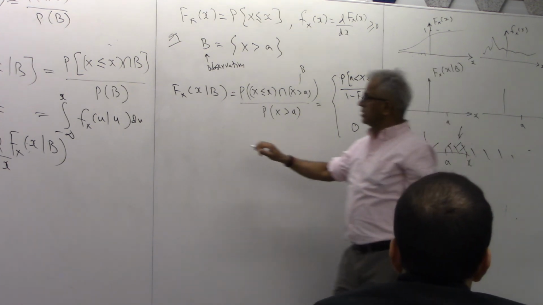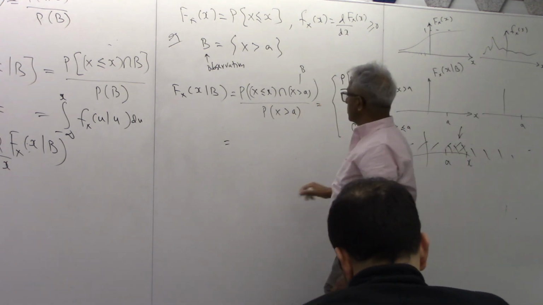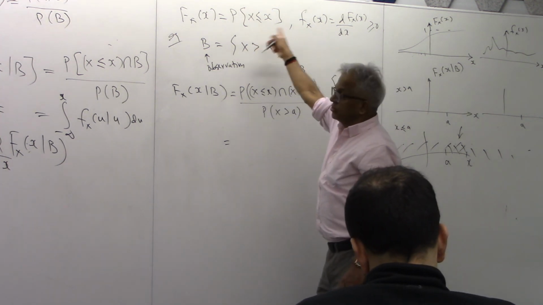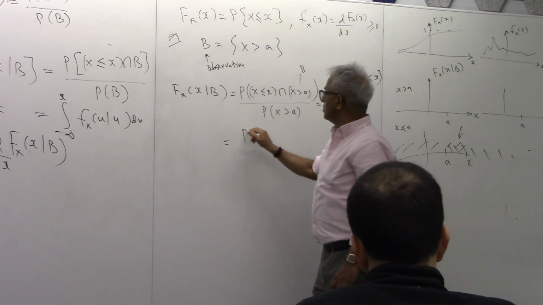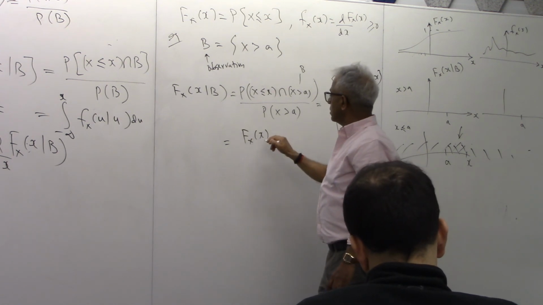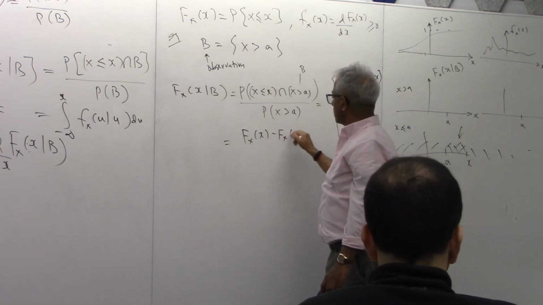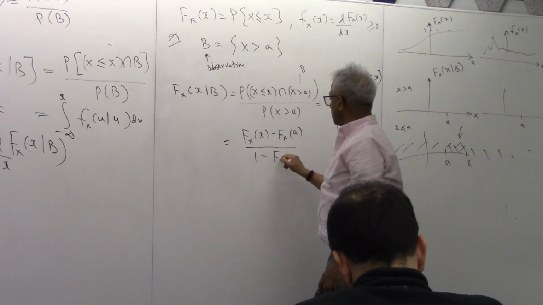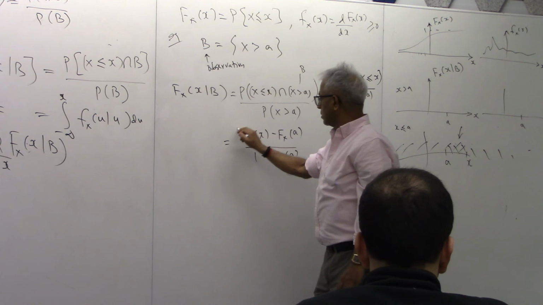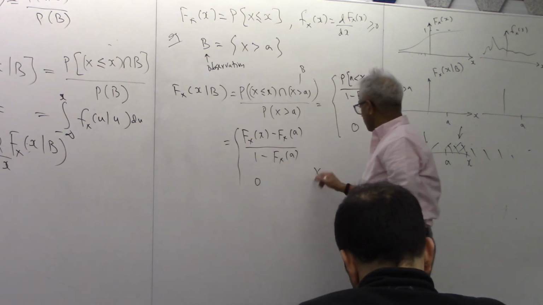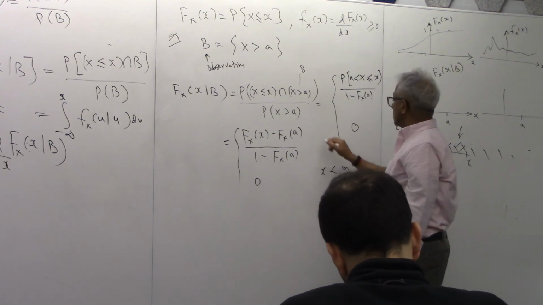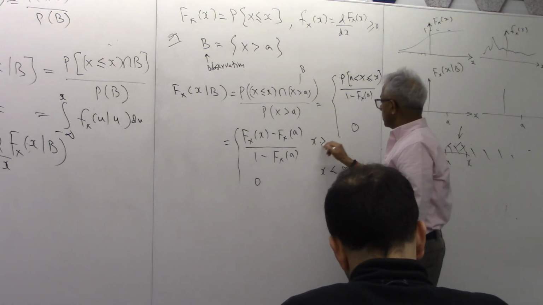I'll rewrite this from last week or two weeks back. You can rewrite this in terms of the distribution function or density. What is it in terms of the distribution function? Anybody? This is for small x less than a, and small x greater than a.